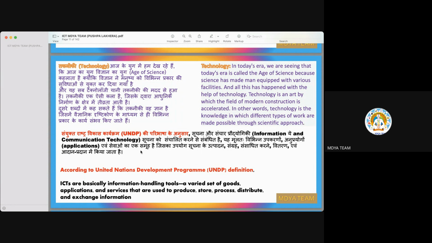And services: how we are using such equipment, hardware and software to associate with societies, with various fields, education, industry, agriculture. So various services are involved in this, so that knowledge and data can be used to produce, store, process, and also distribute and exchange information.